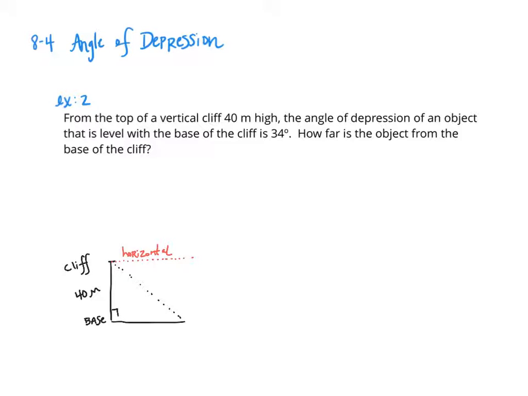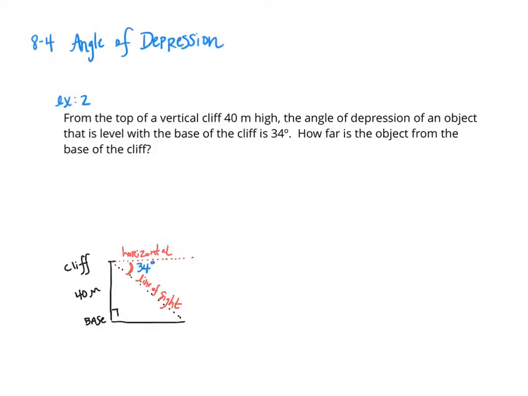And remember, the angle of depression is always outside the triangle, from that horizontal line to this line of sight, if you need to label that. And here's my angle. I'm going to label this 34 degrees.